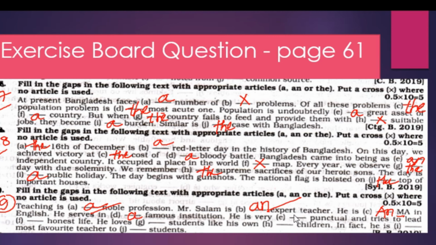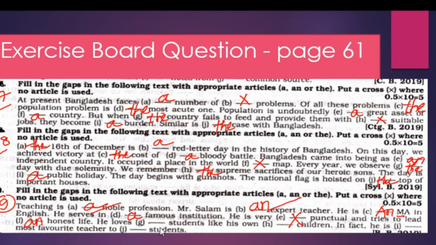He is very punctual. No need to use an article here. I have told you that between adverb and adjective, or adjective and noun, we don't need to use any article. Punctual, and try to lead an honest life.